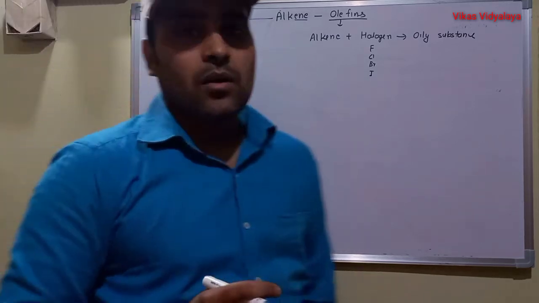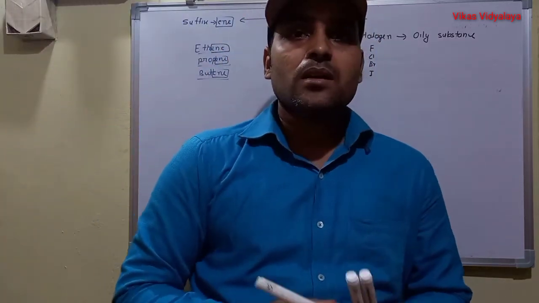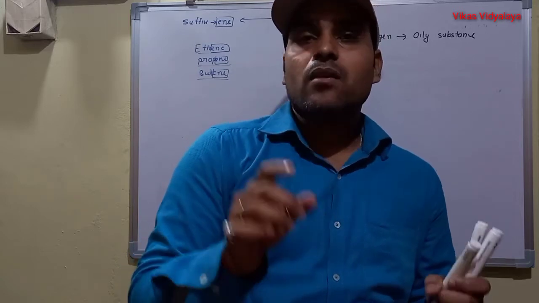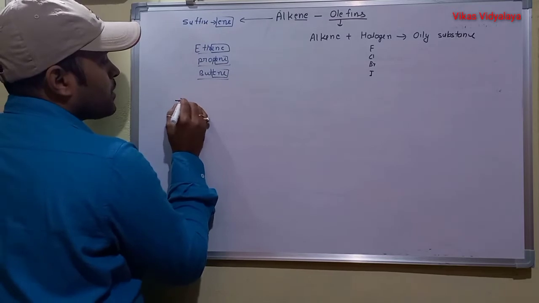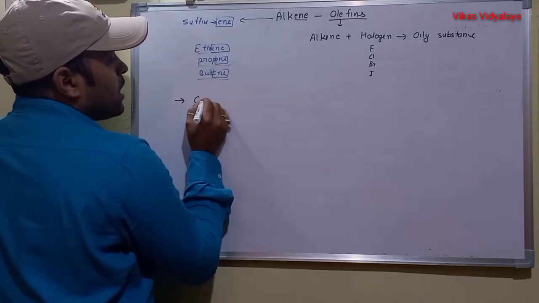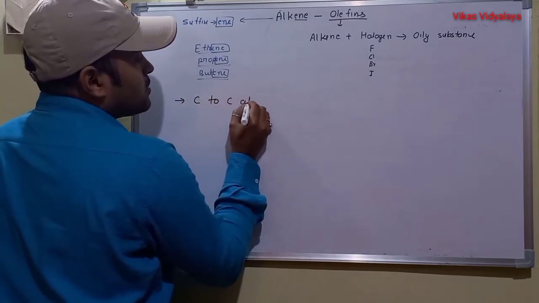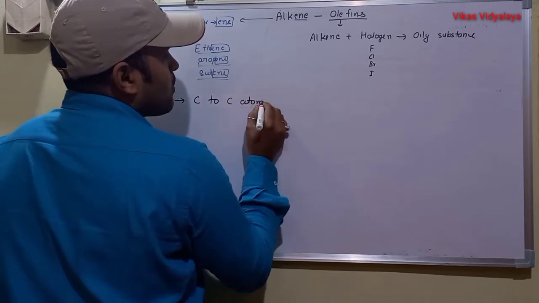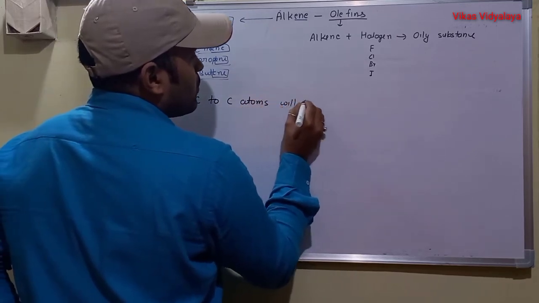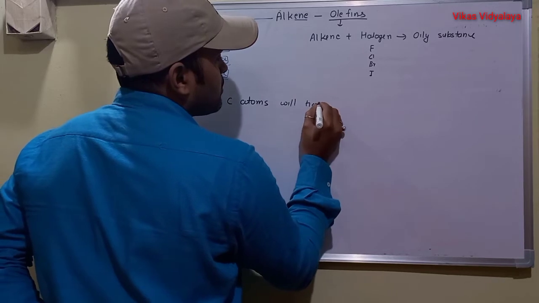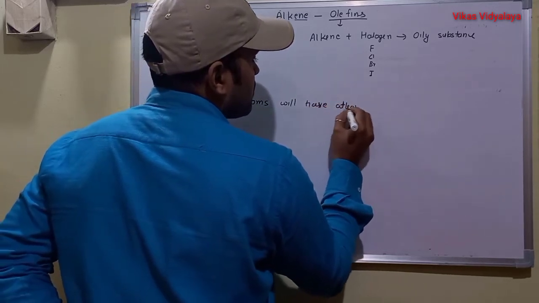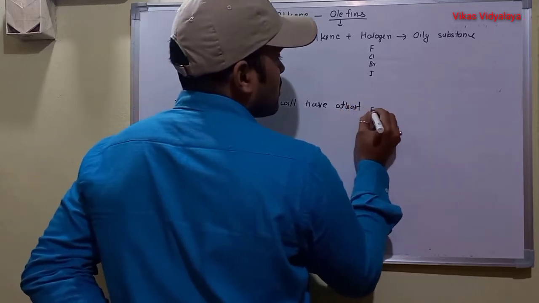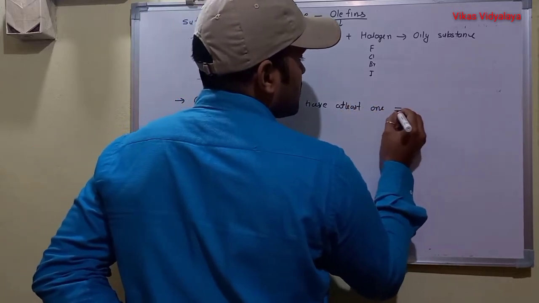Now, we have talked about alkane, that all carbon atoms have a single bond. Here, carbon to carbon atoms will have at least one double bond.